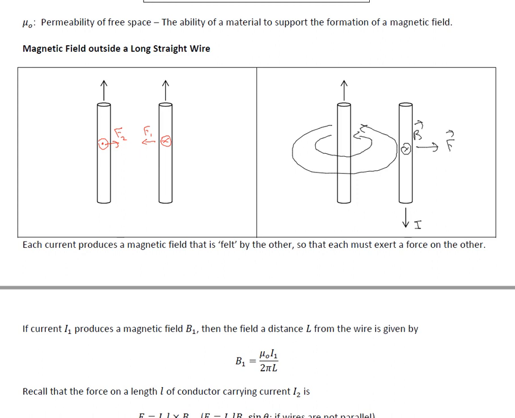So in other words, what we can see is that into the page, we end up with this repulsive force. You get this repulsive force in both situations. So when they have two currents going in opposite directions, they're going to repel one another.